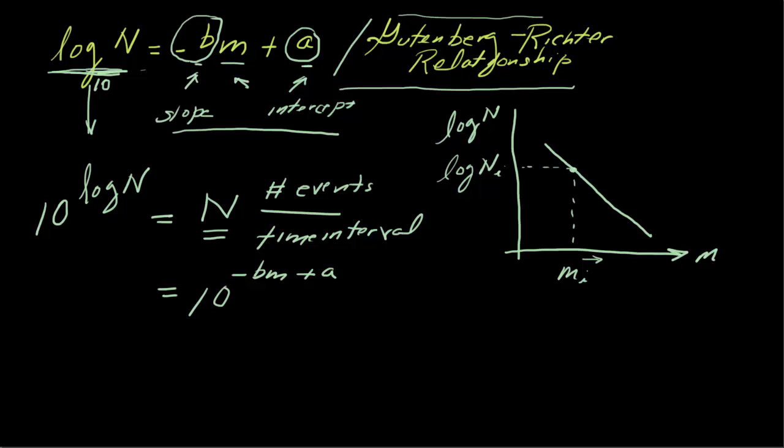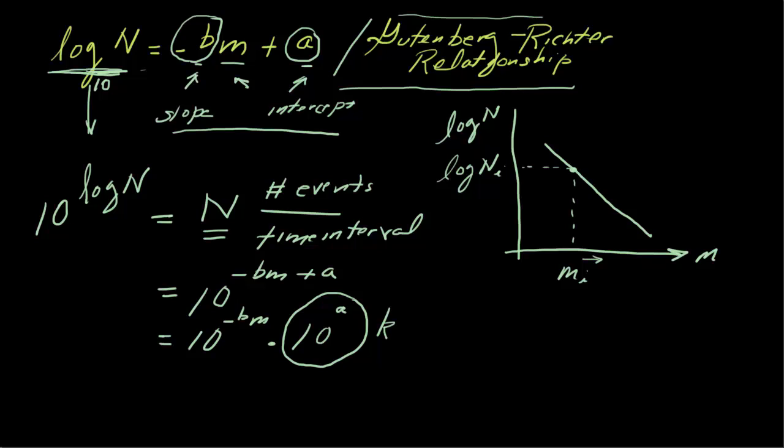And by now I think you know what we need to do with that. That's going to be equal to 10 to the minus bm times 10 to the a. And this is just a constant. 10 to the a would be a constant. We could let that equal k, let's say.